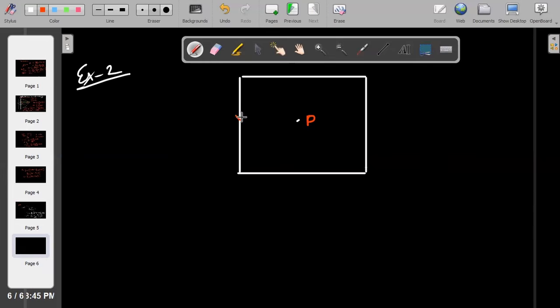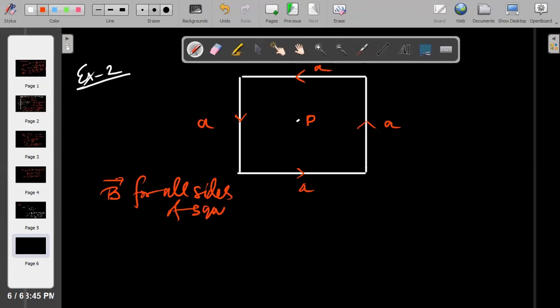Let the current be flowing like that, like that, like that. The current is flowing, right? Now, how to solve the problem? Let's say these sides are A and A, right? We need to find B for all the sides of the square.